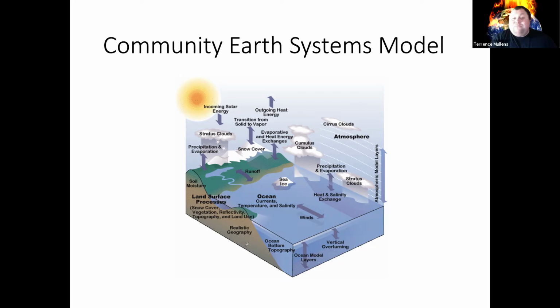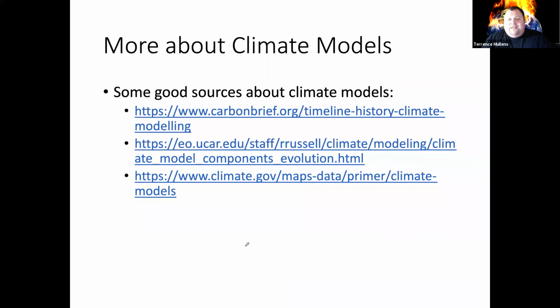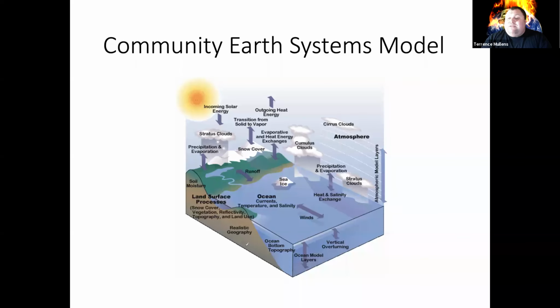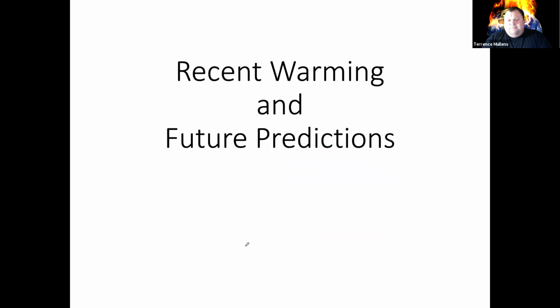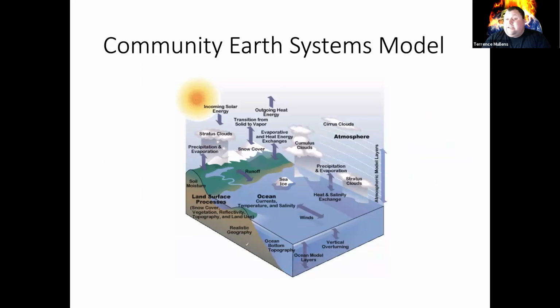And we can use these models to make predictions for the future. Now, how do we know that these predictions are even accurate? Before I go on, you can find more information about climate models using these sites right here. There are some really good sites. But how do we know that this is accurate?